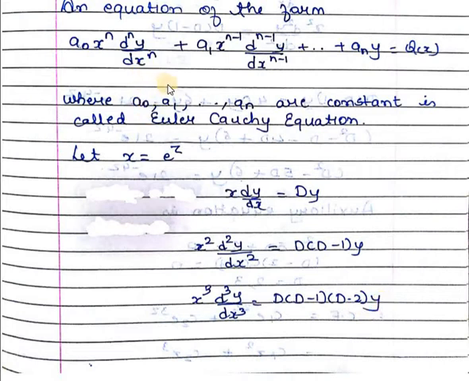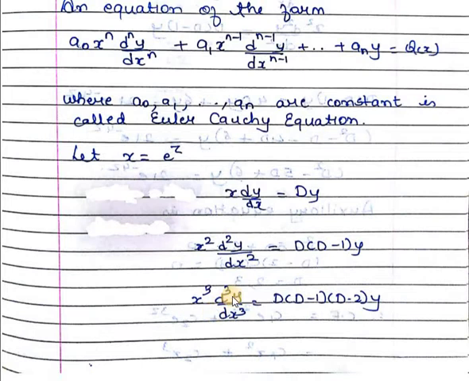So here we are converting the Euler-Cauchy equation into the form of z. If we are supposing x equal to e raised to z, then x dy by dx will be converted into capital Dy. Same way, x square d square y divided by dx square will be converted into D into D minus 1 y.